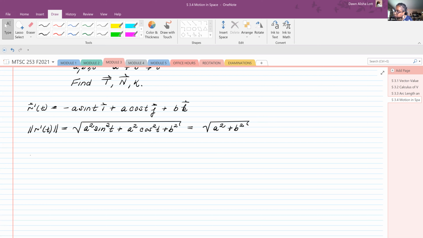So therefore T is r prime of t over its length.